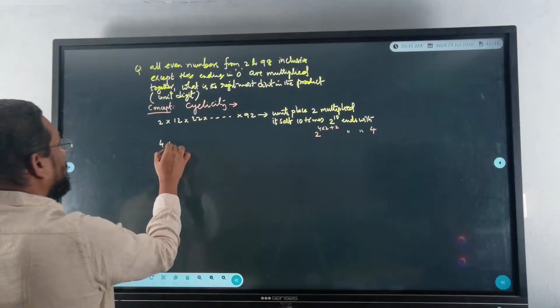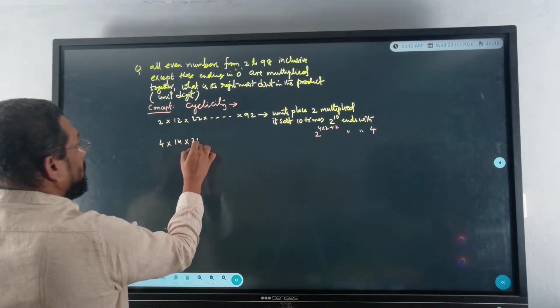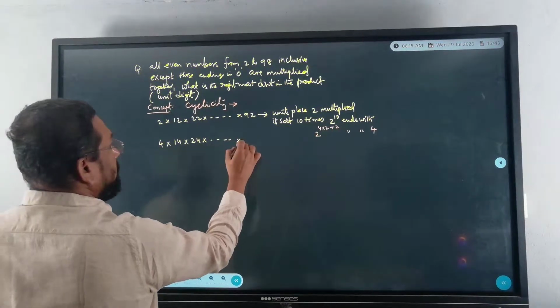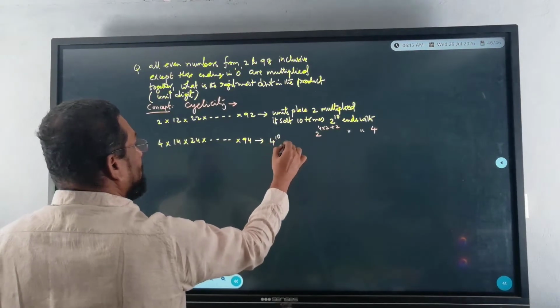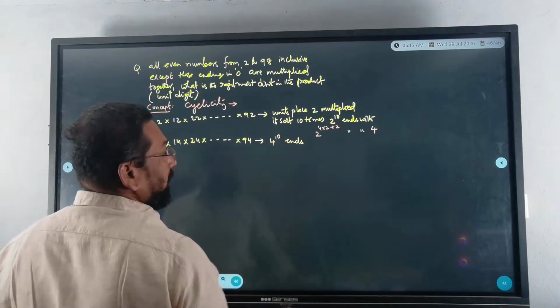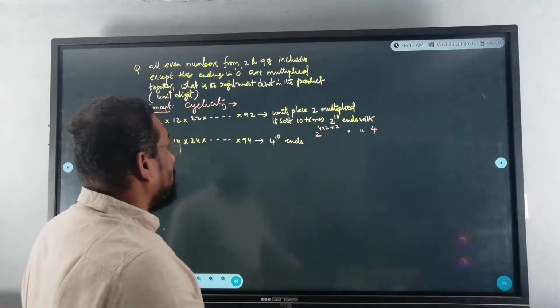Like 4 into 14 into 24 into and so on into 94. So 4 power 10 ends with 6, since 4 power even ends with 6.